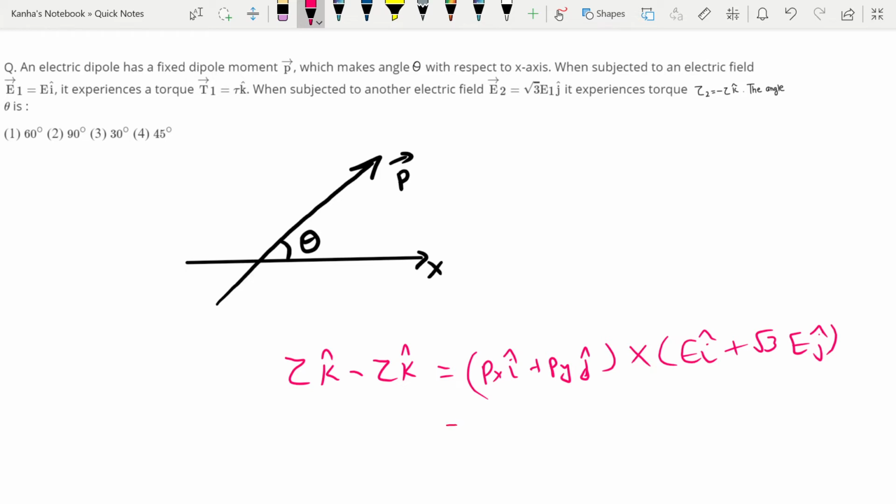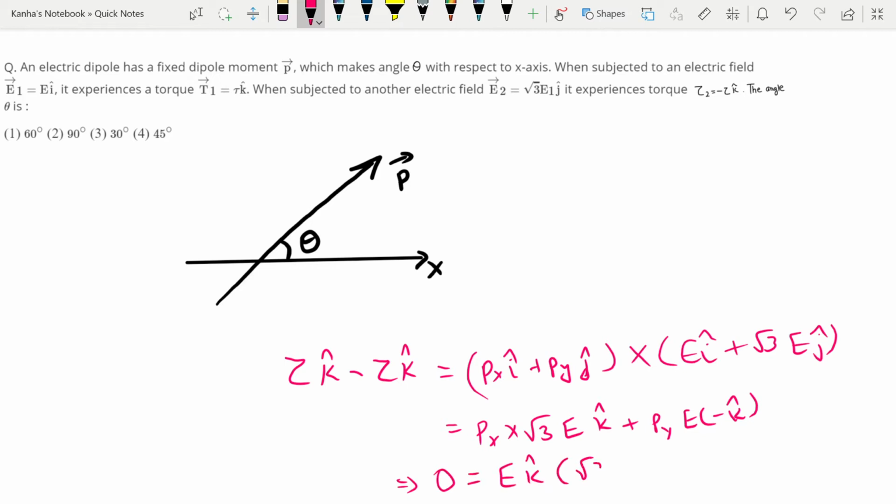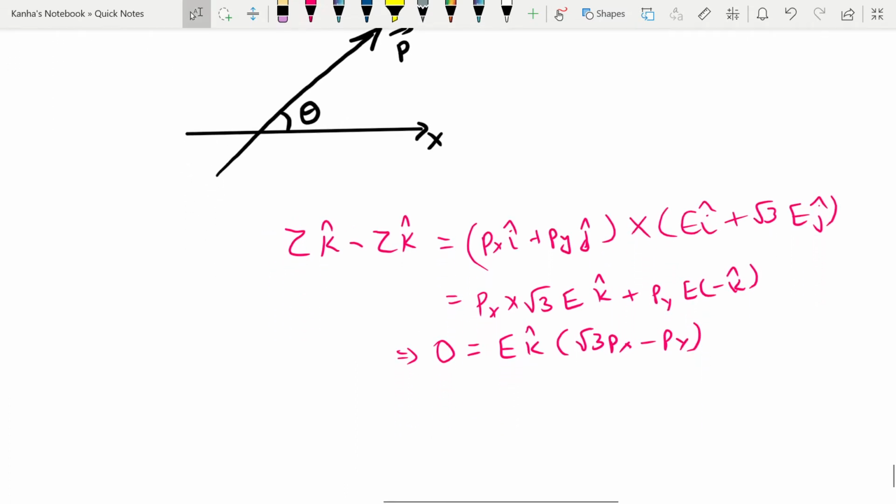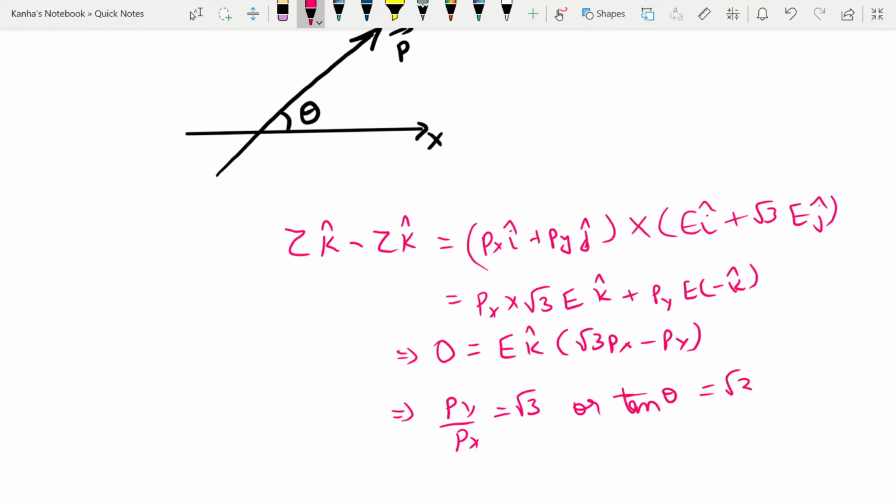Okay, what this essentially means is px cross root 3 E k cap plus py E minus k cap. That implies 0 is equal to E k cap times root 3 px minus py. That implies py by px is nothing but root 3, or tan theta is equal to root 3, or theta is equal to 60 degrees.